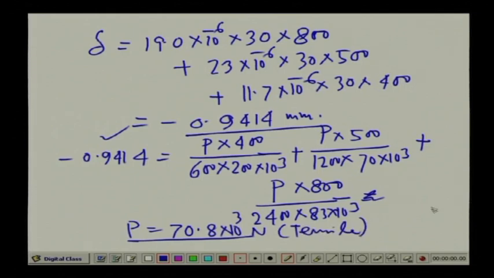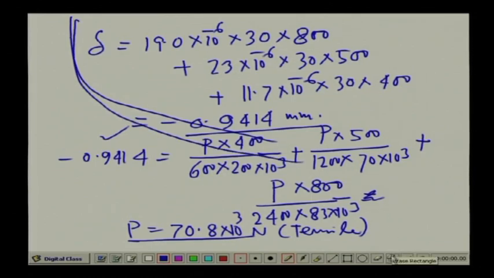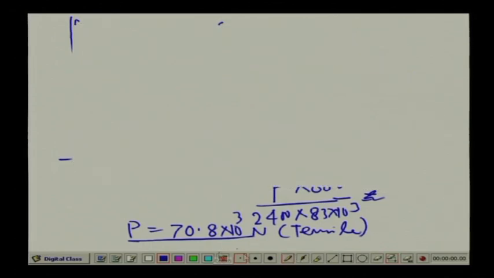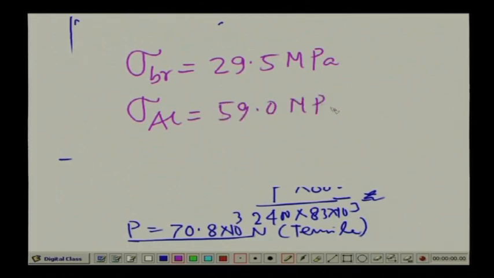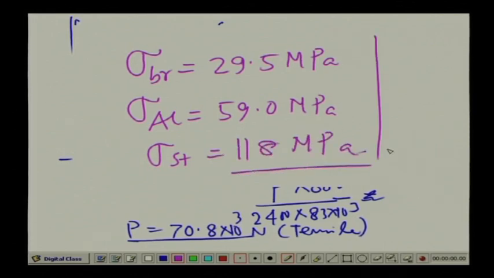Hence the stresses we get are, in the bronze part, sigma bronze equals 29.5 MPa, sigma aluminum equals 59 MPa, and sigma steel equals 118 MPa, which is P divided by the respective cross sectional area.